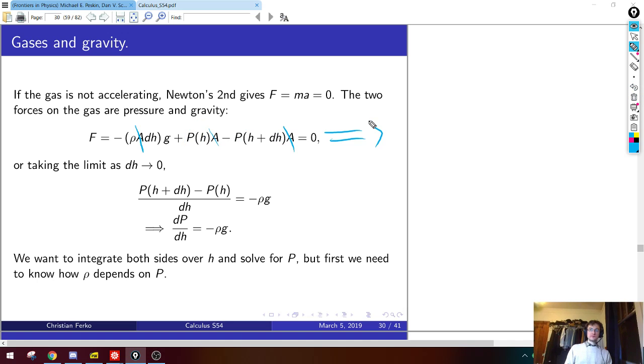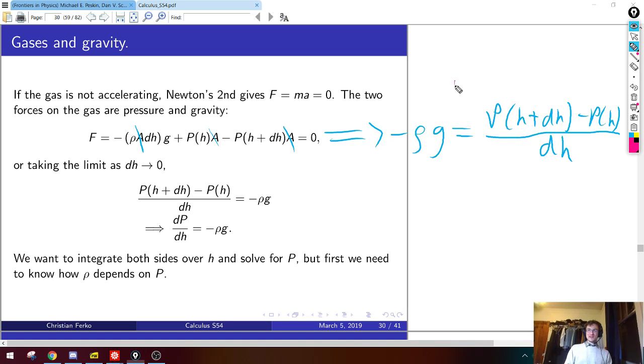So when I do that, on the left side, I have minus rho g. I'm going to divide by dh. On the right side, I have P at h plus dh minus P at h, all over dh. And now this probably looks suspiciously familiar as the definition of a derivative.